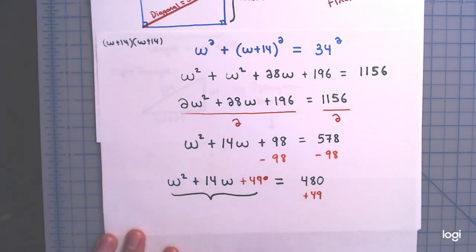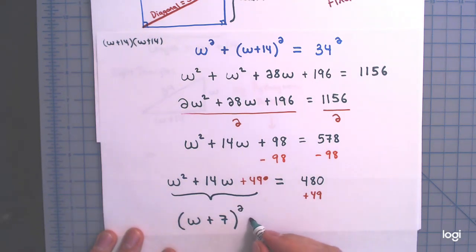So this w squared plus 14w plus 49 should factor to w plus 7 squared, the variable plus half of that 14, squared, equals 480 plus 49, which is 529. Now if 529 is a perfect square, that would be wonderful, and it is. I'm doing a calculator off to the side here, sorry. The square root of 529 is 23.